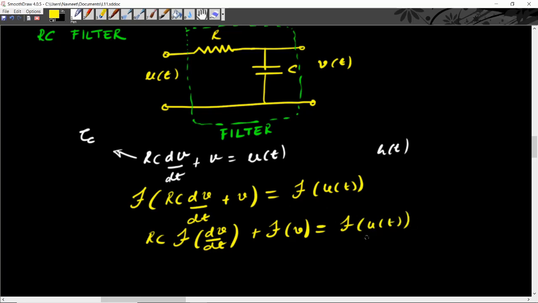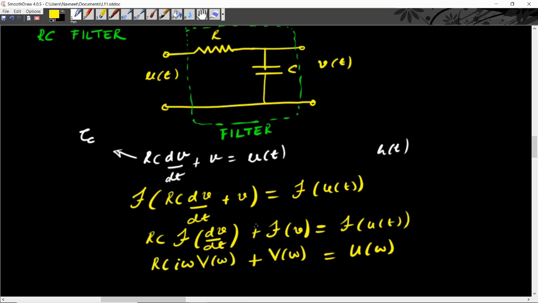And we can write the Fourier transform of u of t as capital U of omega and the Fourier transform of V as capital V of omega. Now we want to get the Fourier transform of the time derivative of the output signal, and recall that the differentiation property of the Fourier transform allows us to write this as iota omega times V of omega.